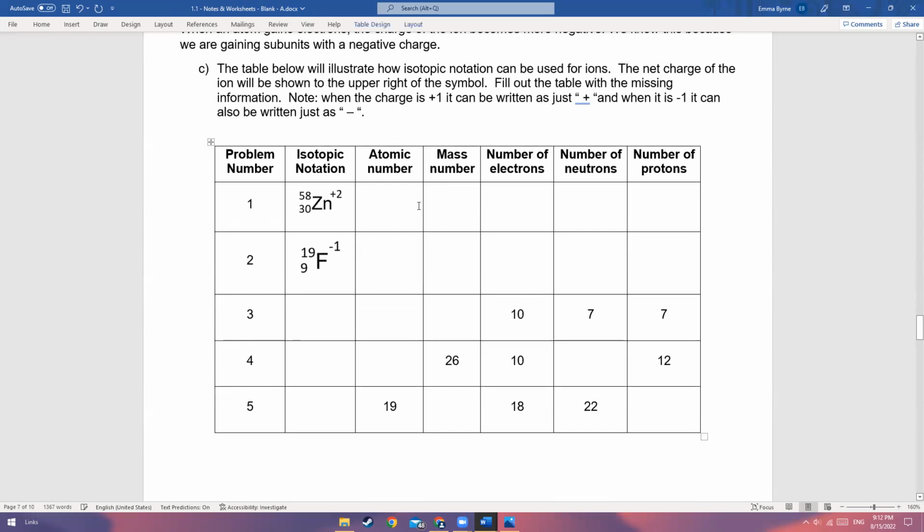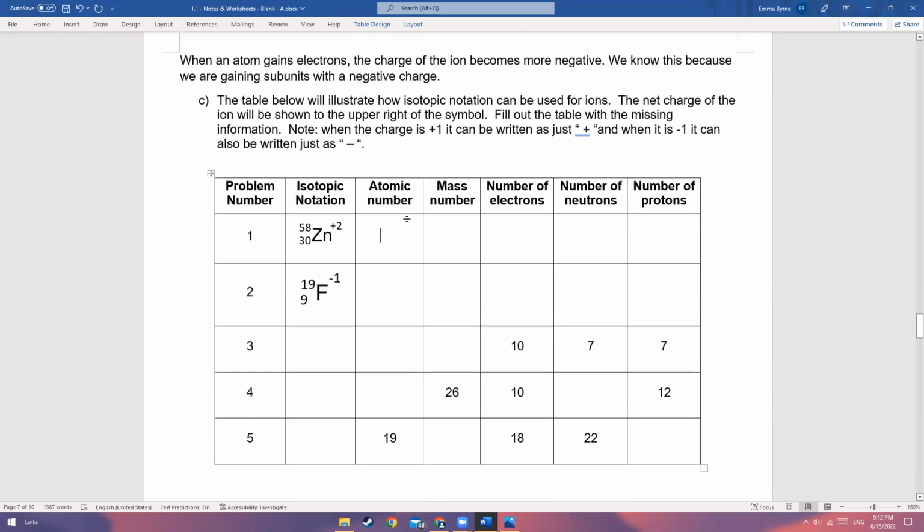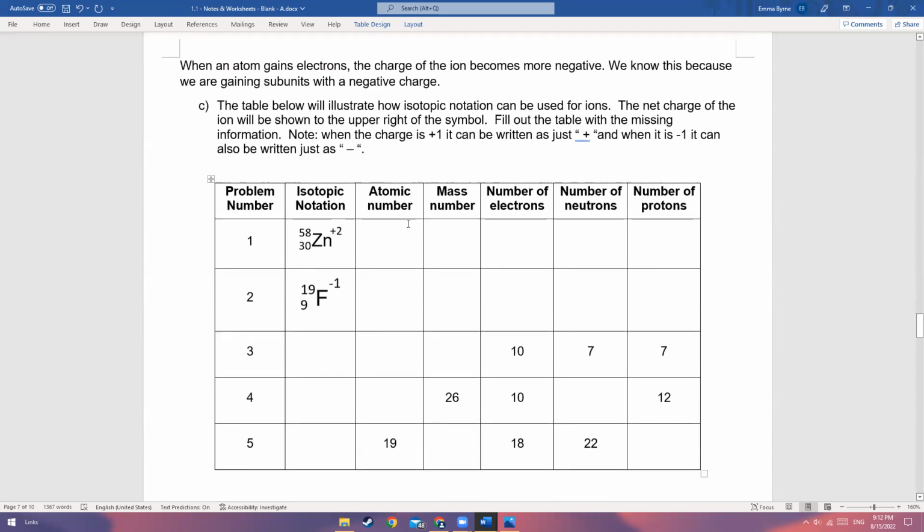So now I'm going to do the first section of this table here. And this is similar to the exercise we completed above. However, this time we do have that charge symbol in the isotopic notation. And you're basically going to be just, again, using part of the puzzle to fill in the rest of this.